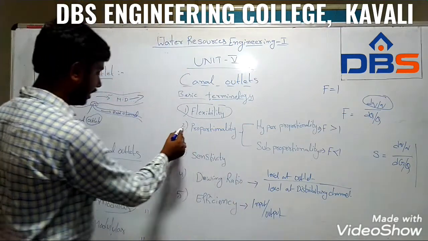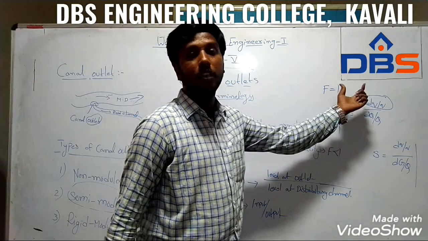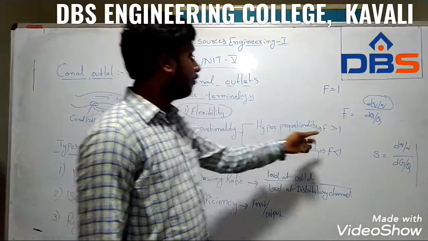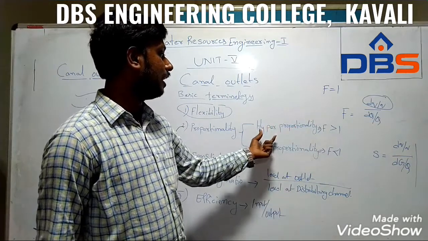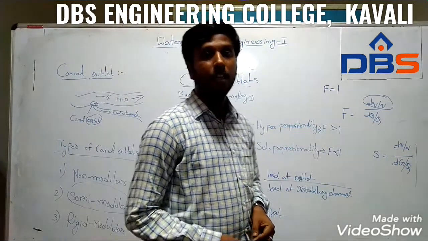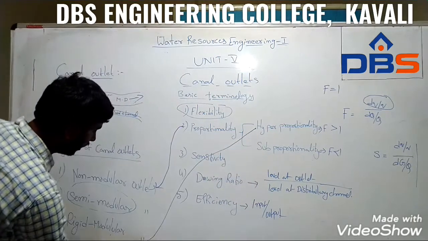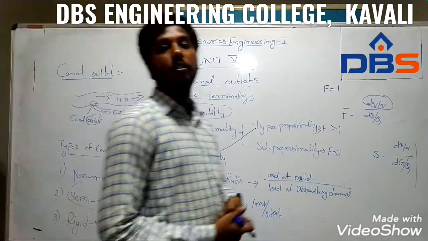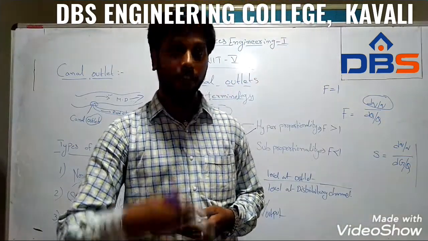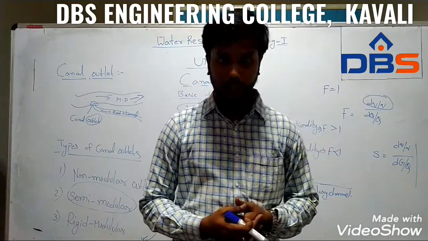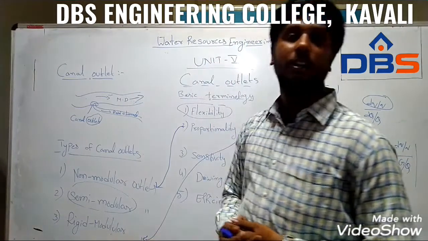Otherwise, when flexibility is greater than 1, that kind of proportionality we call hyper-proportionality. Hyper-proportional canal outlets are known as rigid modular. So when we design a canal outlet with flexibility greater than 1, we call it a rigid modular outlet.